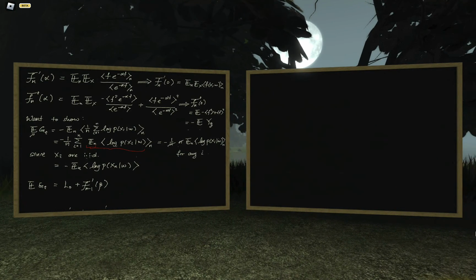So let's just compute the first derivative at beta. So we have our expression of the first derivative there.